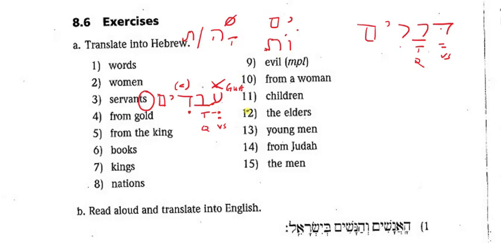Okay? All right. Other questions? Yes, sir. Again, for me, I had trouble translating number 6, books. Yep. So what we have to do is find the singular form in Hebrew, which is what? Sefer. Right, good.